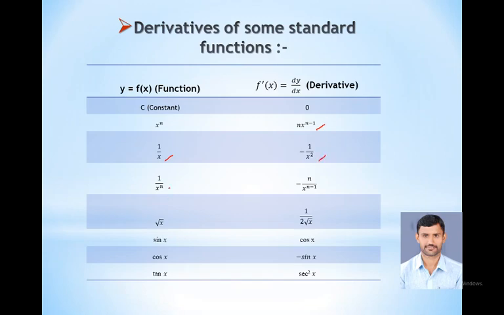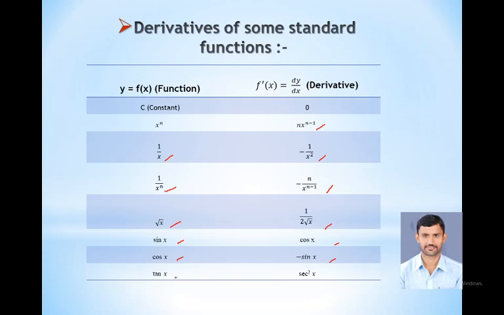If function is 1 upon x raised to n, then derivative is minus n upon x raised to n plus 1. If function is square root of x, then its derivative is 1 upon 2 square root of x. If function is sin x, then its derivative is cos x. If function is cos x, then its derivative is minus sin x.